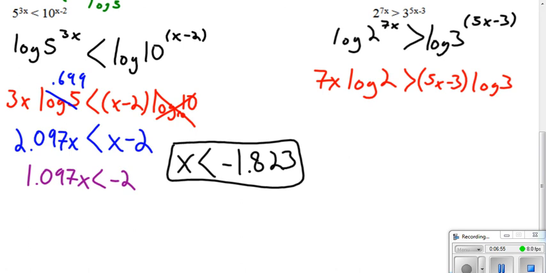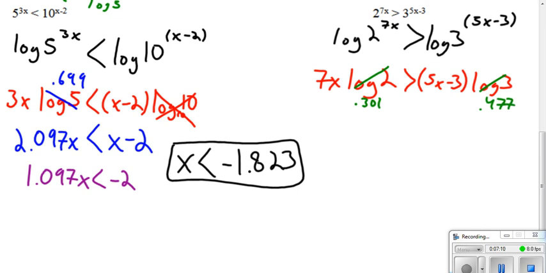From my calculator, I know that log base 10 of 2 is actually 0.301, and log base 10 of 3 is actually 0.477. Again, these are approximate numbers.